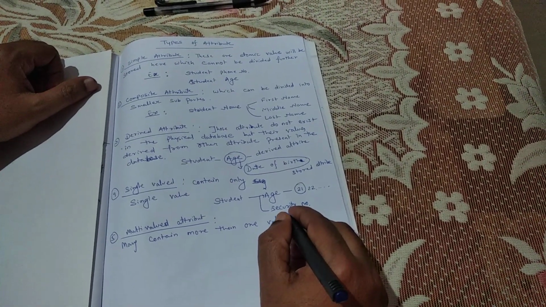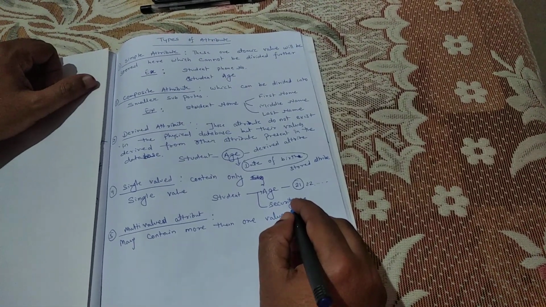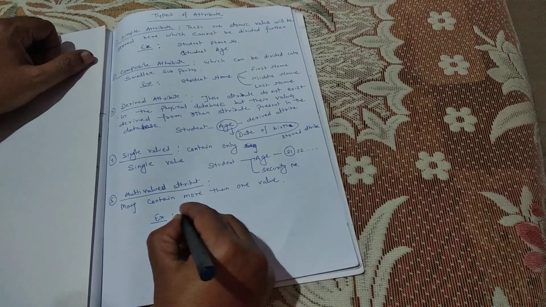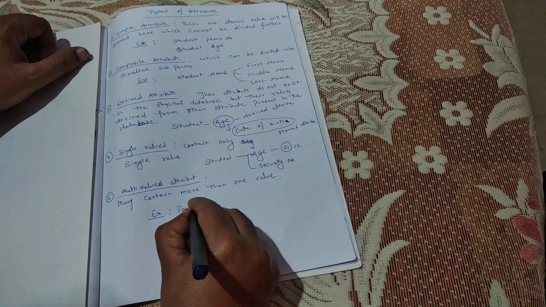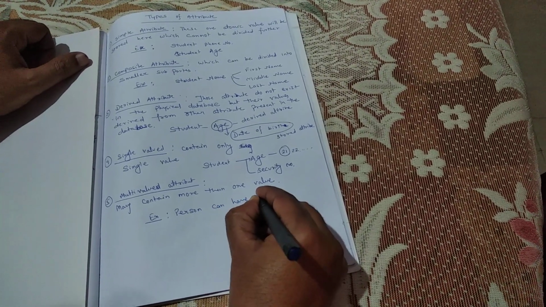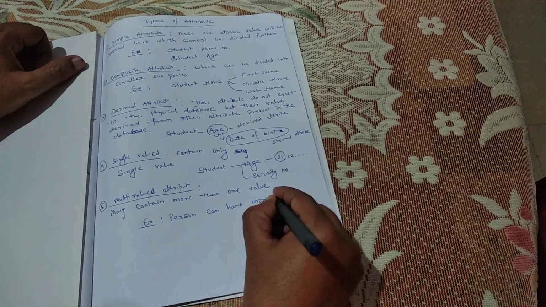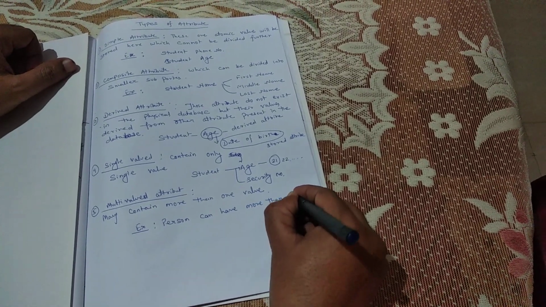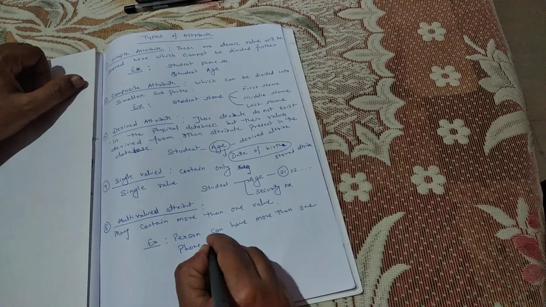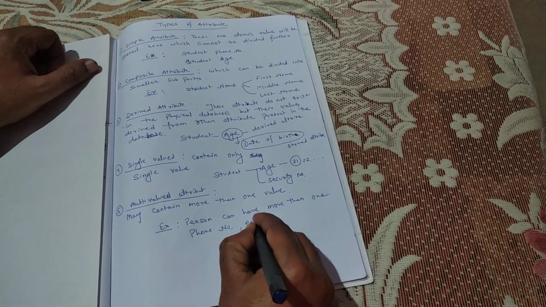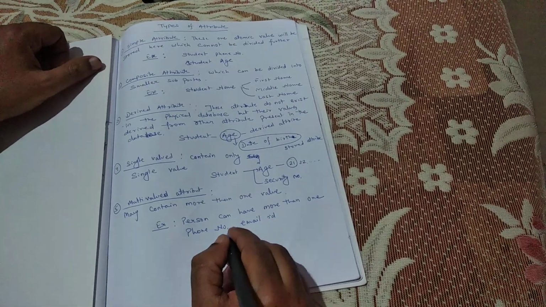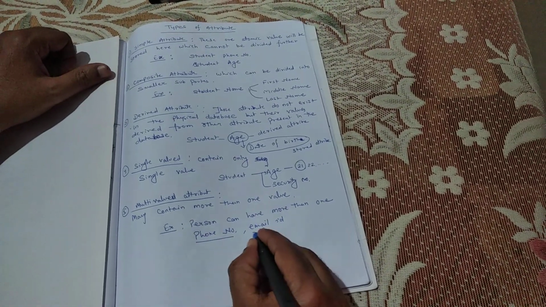That means a person can have more than one phone number or email address. So these are multi-valued attributes: phone number, email ID.